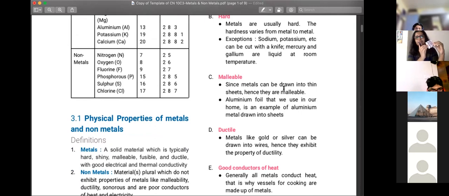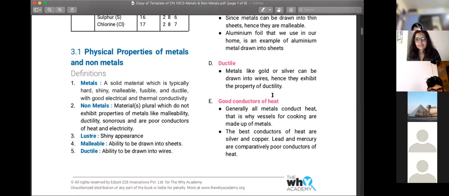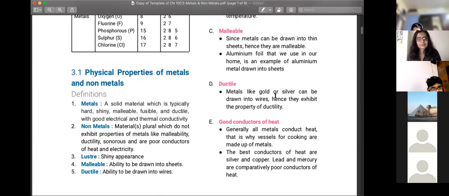So malleability is coming into the picture here. Thin sheets of metals being used. Also, ma'am, on sweets, there are thin sheets of gold or silver. Yes, nice. That is ultra thin. That's a very good example.